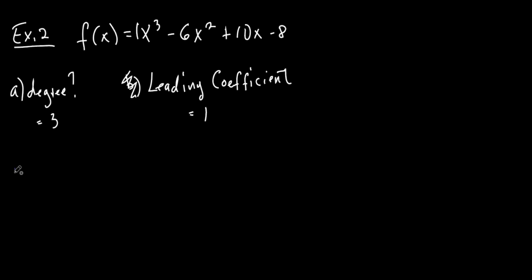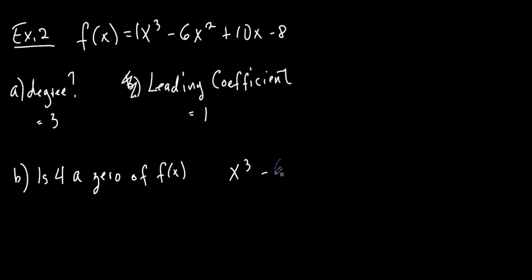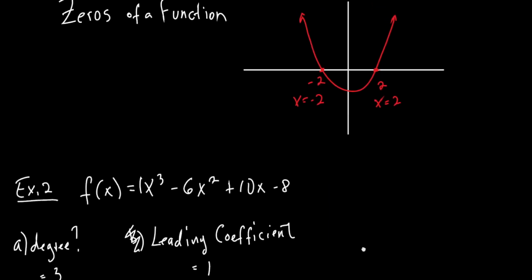Now it says, this is part B, it says determine whether 4 is a 0 of the function. So what you're going to do, here's your function right here. Let's rewrite it. Okay, so if you looked here, what does the y equal at these points? 0.